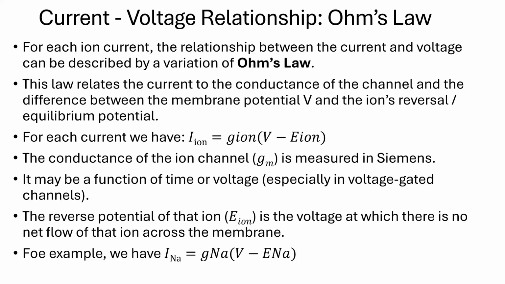So for each current we have that the current equals the conductance of the ion multiplied by the voltage difference. The conductance of the ion channel, g, is measured in Siemens. It may be a function of time or voltage, especially in voltage-gated channels, and the reversal potential of that ion is the voltage at which there is no net flow of that ion across the membrane.